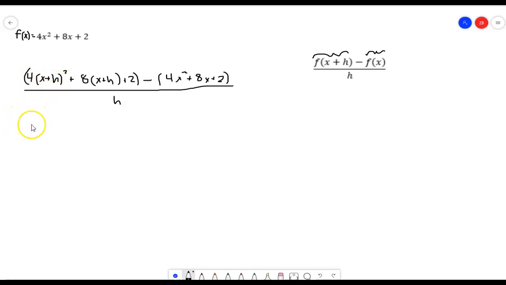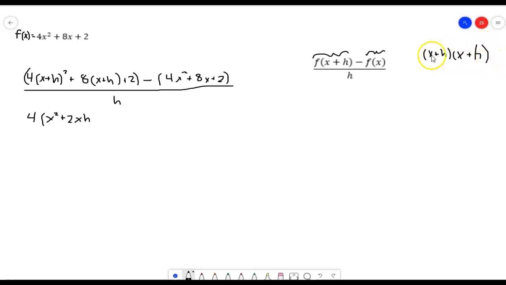This side is going to be 4, and x plus h squared is going to be x squared plus 2xh, and you can multiply those out together on the side if you want. That's just x plus h times x plus h, which is the definition of something squared.